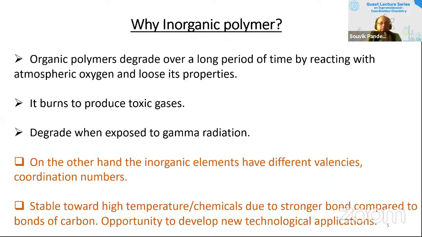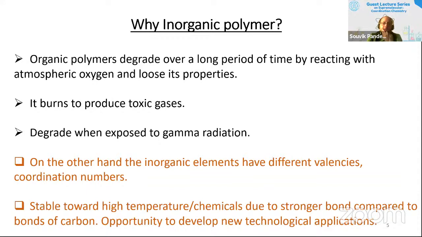Some other metals, transition metals, we know they can have different valencies, different coordination numbers, and with this they can change, from 3 to 5, 5 to 3. Lots of changes are possible, and with this you can introduce new features into the polymer. But for carbon it was not possible. They only have 4 valency. So see, this is very interesting.